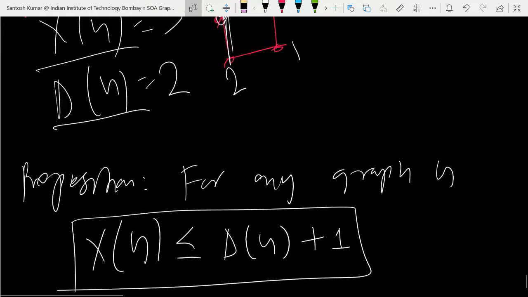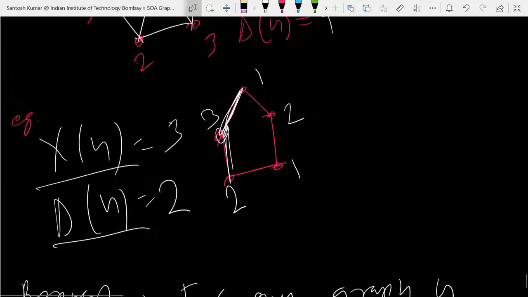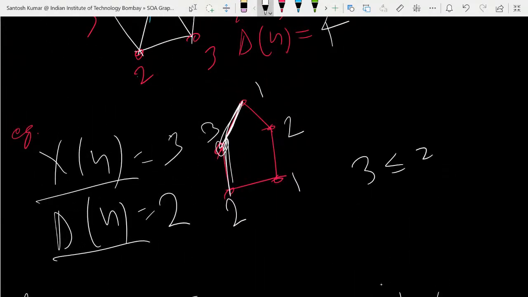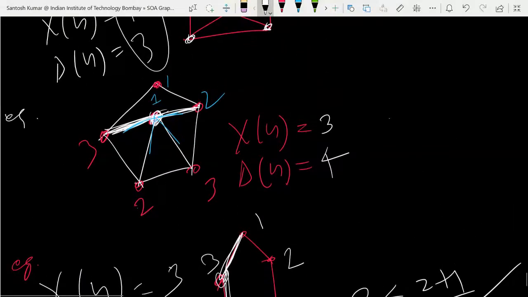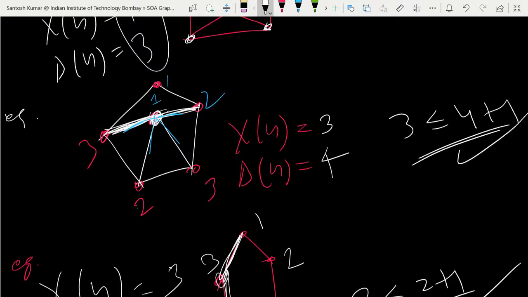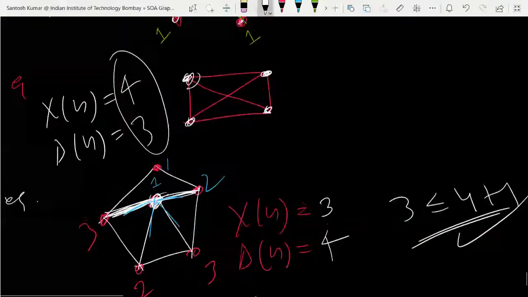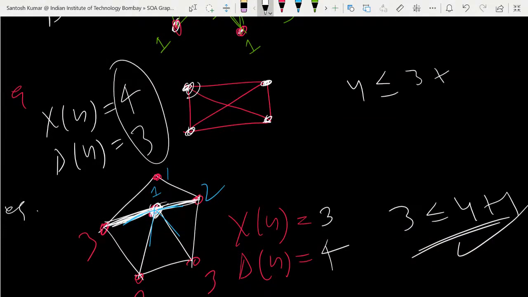So check: chromatic number is less than or equal to degree plus 1. So chromatic number is 3, less than or equal to degree plus 1. Fine. So chromatic number is less than or equal to degree plus 1. That is also fine. Chromatic number of G is less than or equal to degree plus 1.